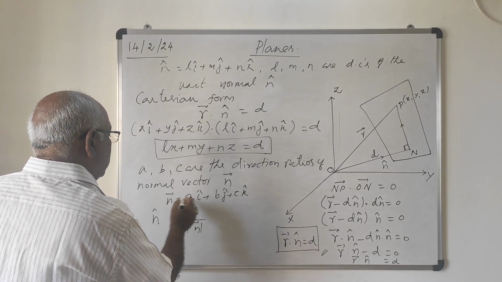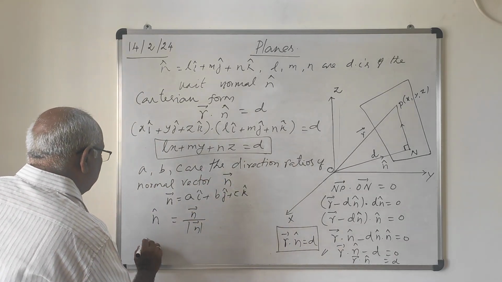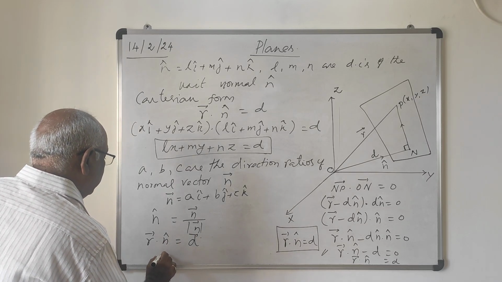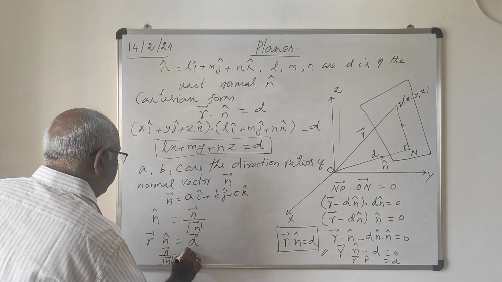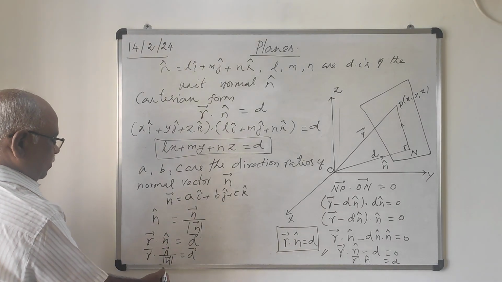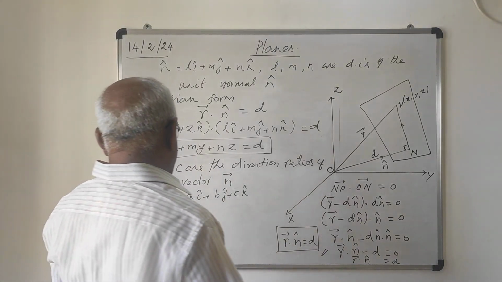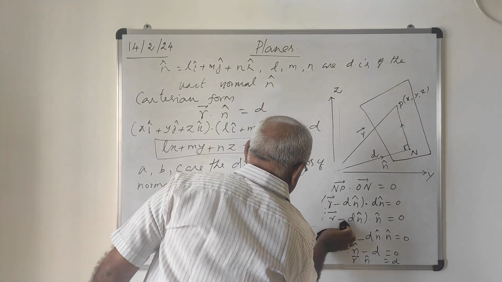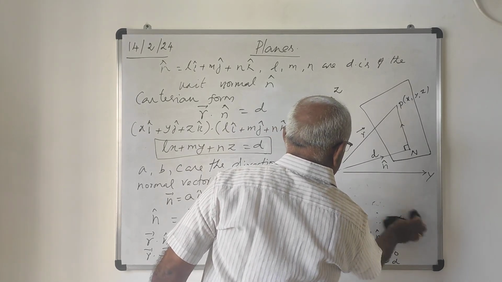If direction ratios a, b, c are given, the normal form is r dot n cap equal to d, where n cap equals n vector by mod n vector, and d is the perpendicular distance of the plane from the origin.